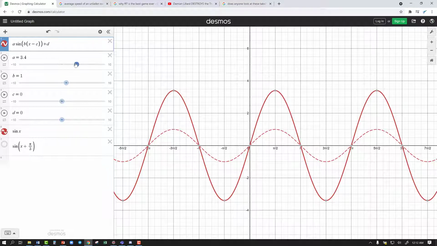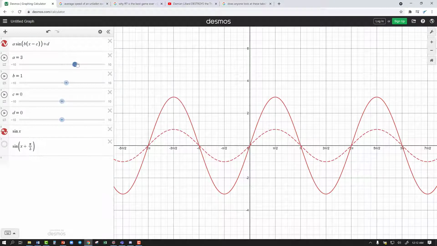And really what you're doing is multiplying the distance that all of your points are away from the x-axis, which is why the points that are on the x-axis are still on the x-axis. So for example, at pi over 2, we're normally 1 unit away from the x-axis, but if I use 3 sine of x, I'm multiplying that distance by 3, so now at pi over 2, the y-coordinate is 3 units away from the x-axis.